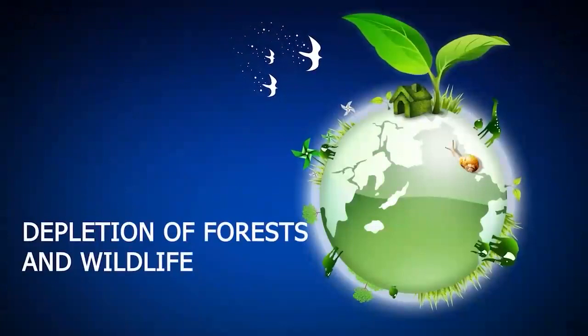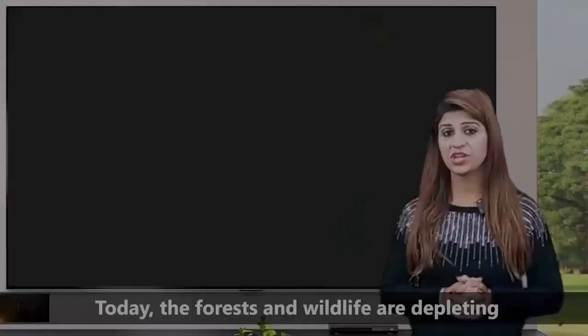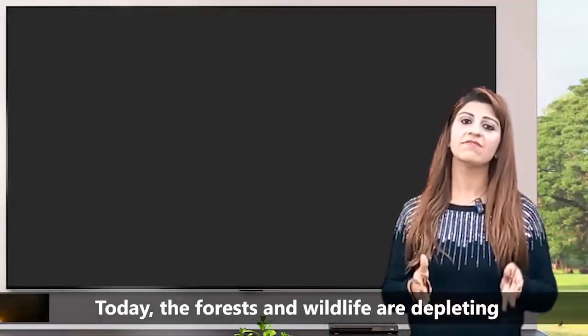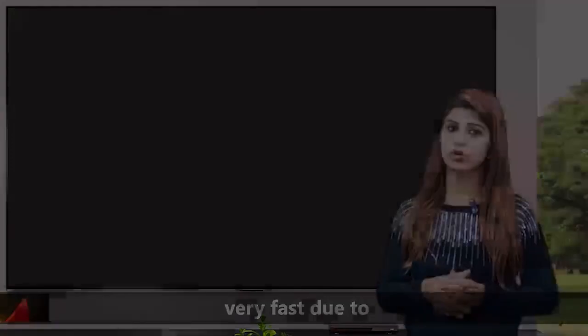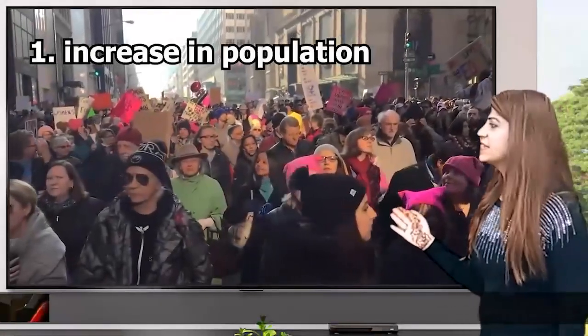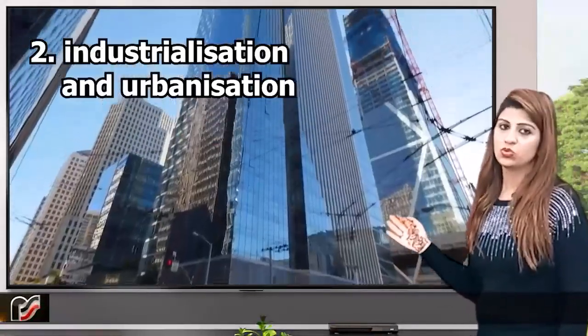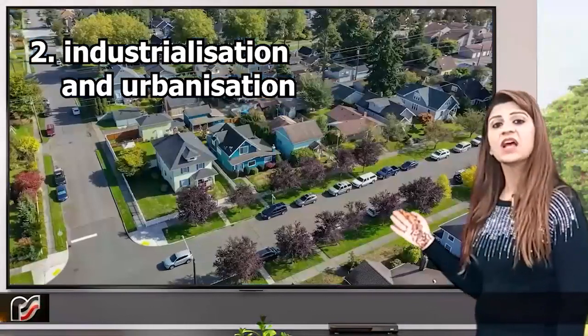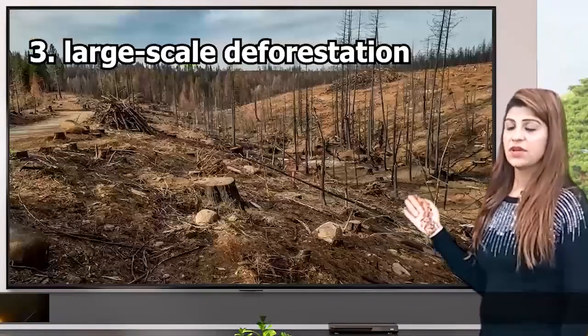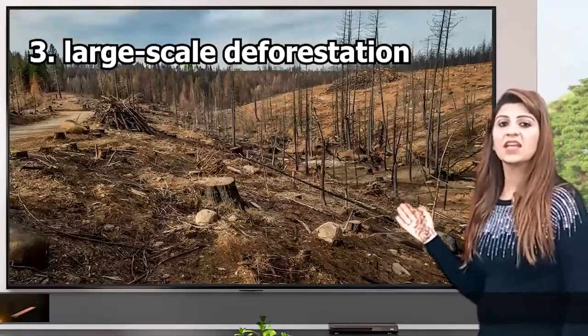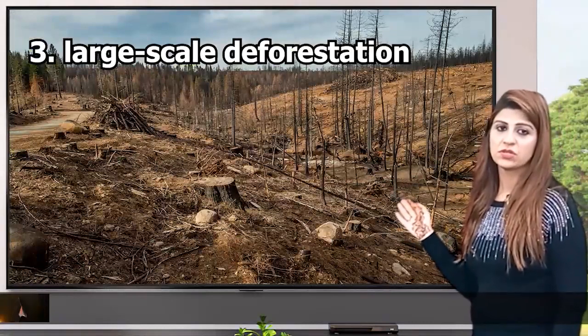Depletion of forests and wildlife. Today, the forests and wildlife are depleting very fast due to number 1, increase in population. Number 2, industrialization and urbanization. Number 3, large scale deforestation.